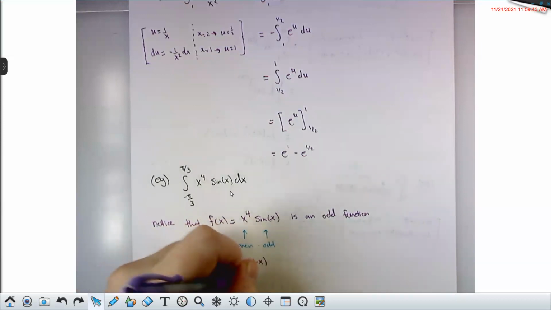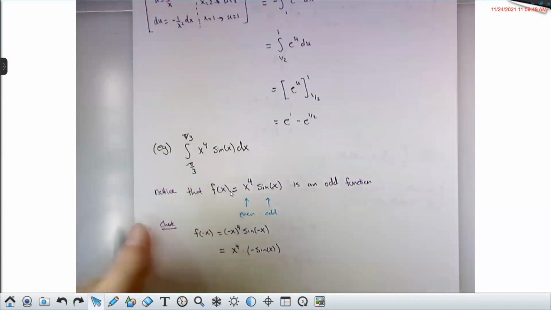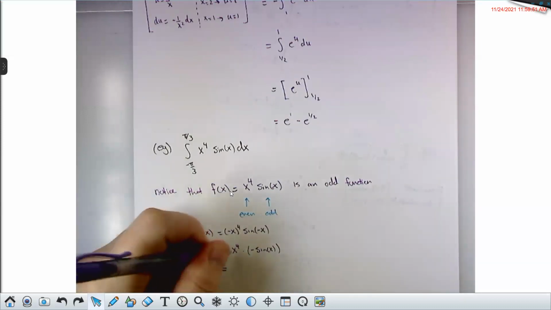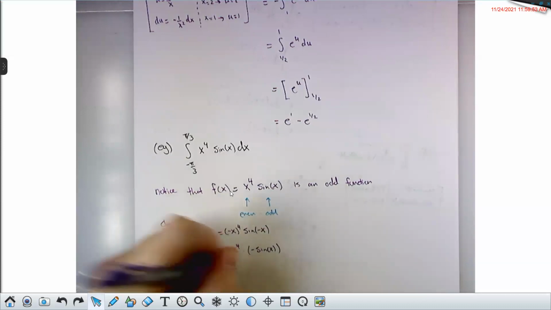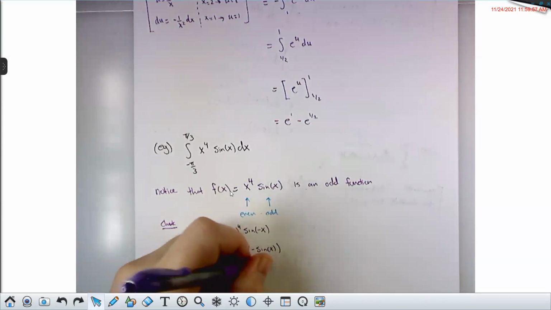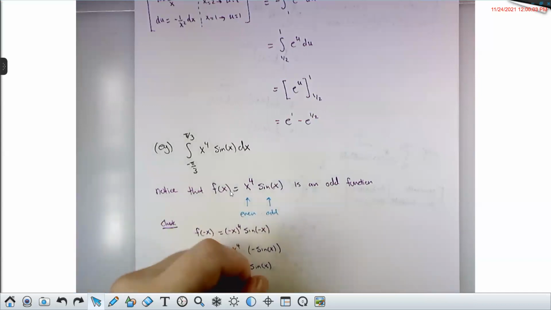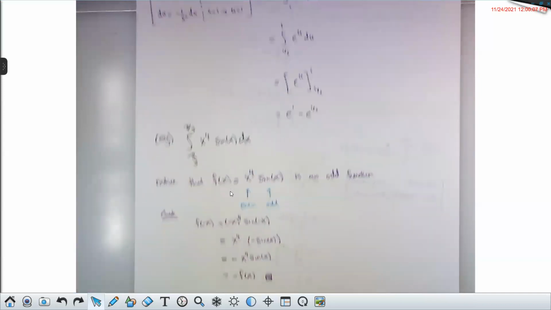Sine of negative x is negative sine of x because sine is odd. And then you multiply positive times a negative, you get negative x to the 4 sine of x. And this is negative f of x. So yeah, f here is an odd function.